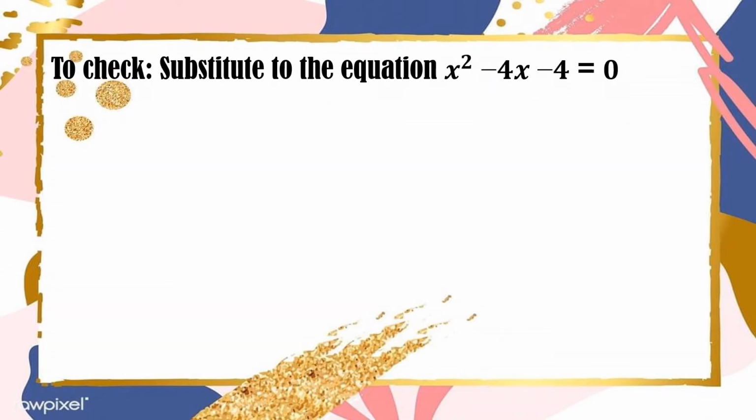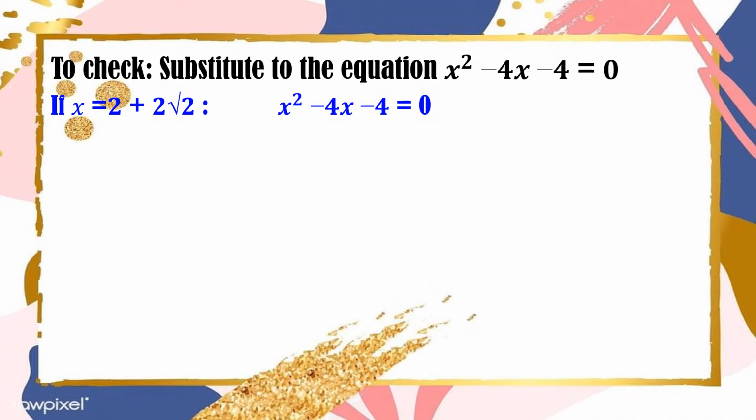To check, substitute to the equation x squared minus 4x minus 4 equals 0 the values of x. So we're going to replace all the variable x here. So let us use first x equals 2 plus 2 square root of 2.